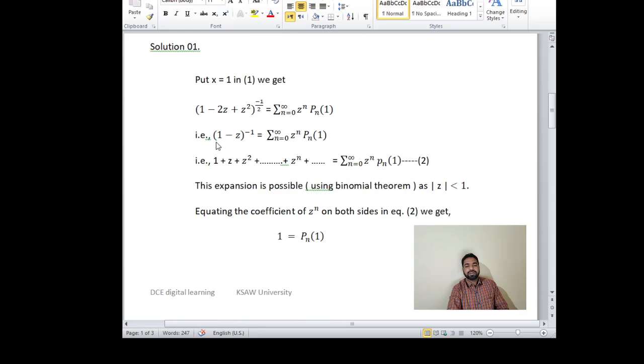Now we expand this. The expansion of this LHS is 1 plus z plus z square plus so on, plus the nth term z raised to n, and so on. The RHS as it is. Now we call it equation 2.